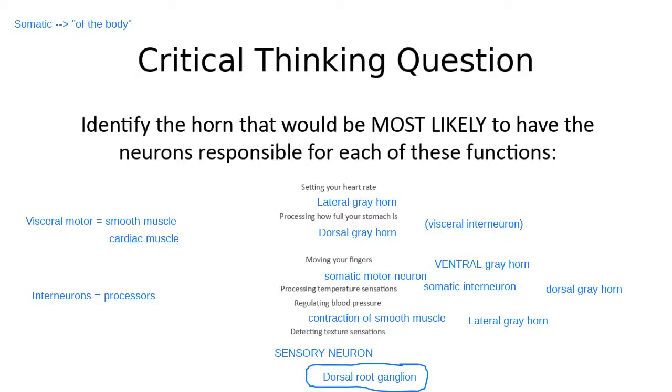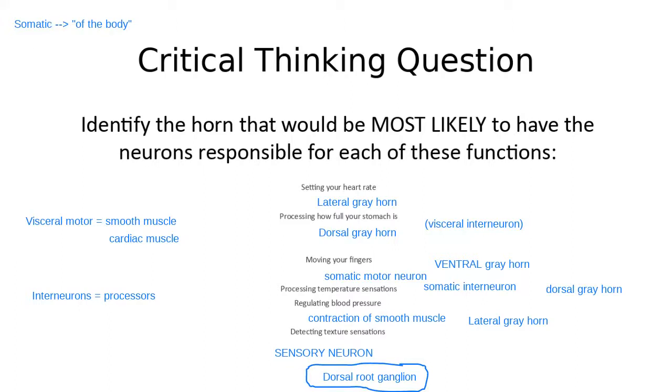Of the body, it's a general term. So we have somatic motor neurons, we have somatic sensory neurons. Somatic, when we think about it with senses, think about it kind of like general sensory information. Somatic, when you think about it with motor, think about it as skeletal muscle.